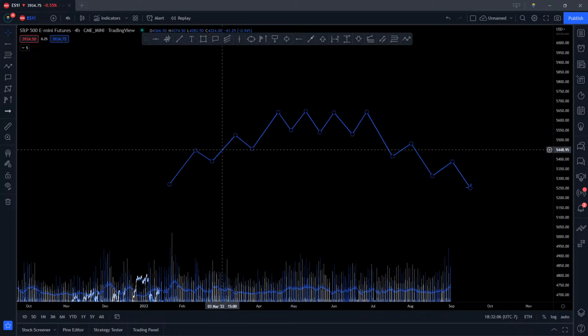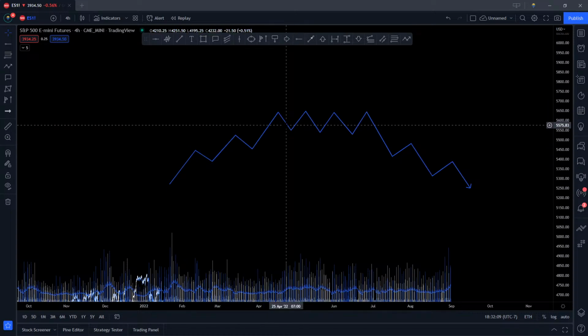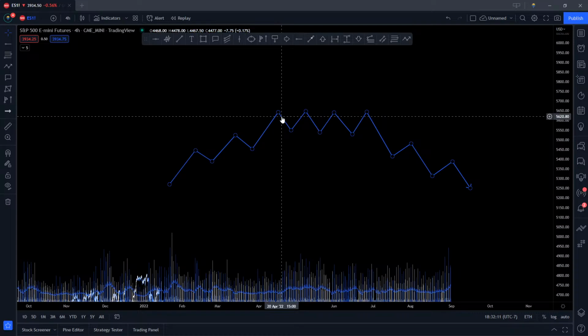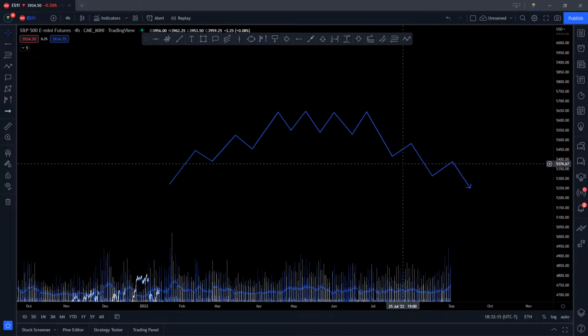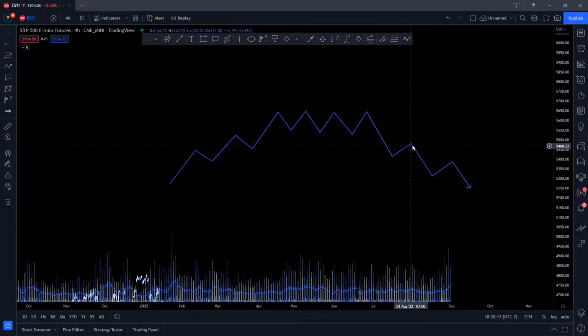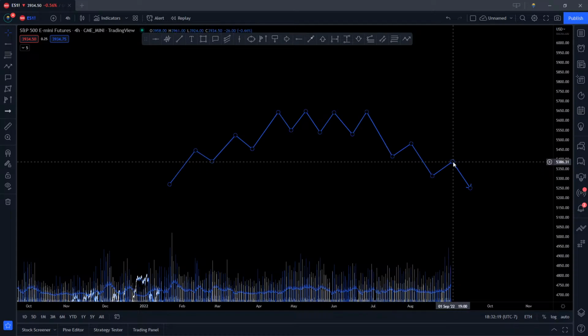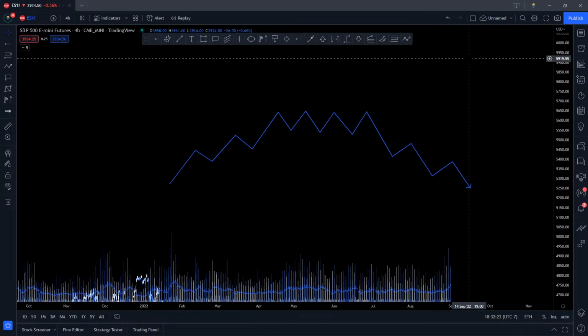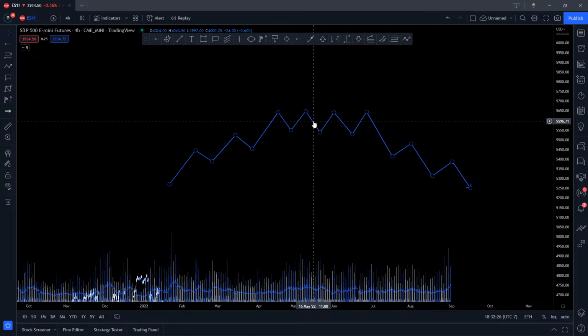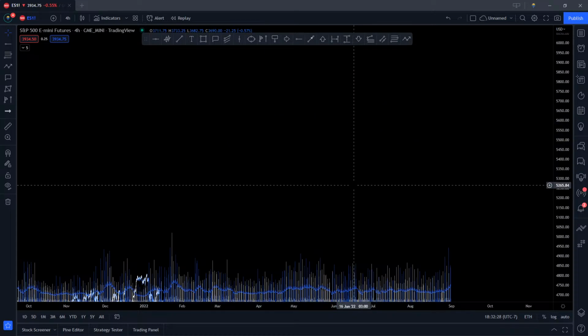So this is an uptrend, and then at the top here we have consolidation, and then a downtrend where we're making lower lows and lower highs, lower lows, lower highs, lower lows. Right. So everybody should be good on that.